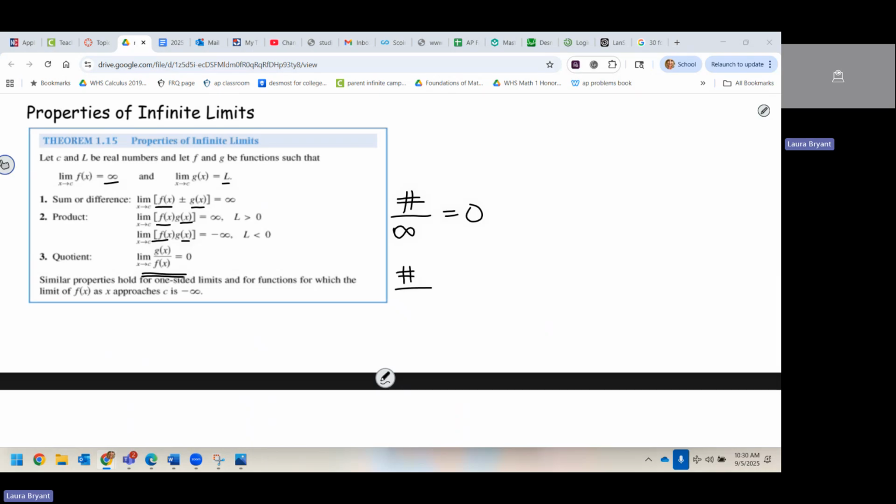And then the opposite of that is any number divided by 0 goes to positive or negative infinity. We have to sign test to check. As we're doing limits, we use these properties. I really should have an arrow in here instead of equals. What was that number divided by 0?